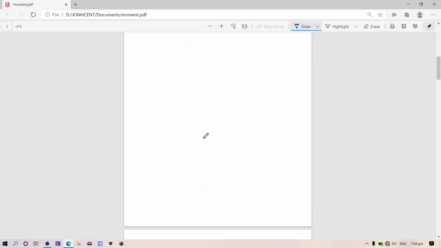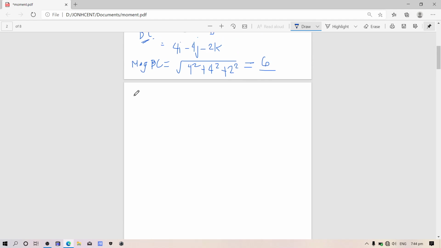Okay? Then, the unit vector BC, kunin natin ang kanyang unit vector. So, the unit vector is BC all over the magnitude of BC. So, ito yun. Okay?